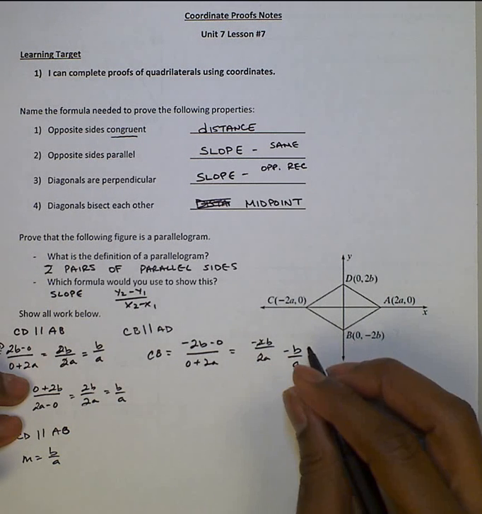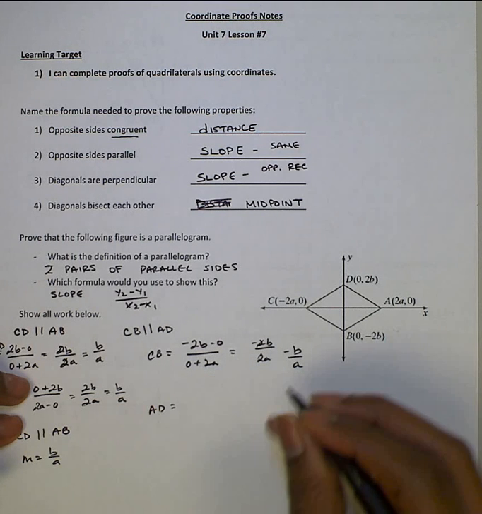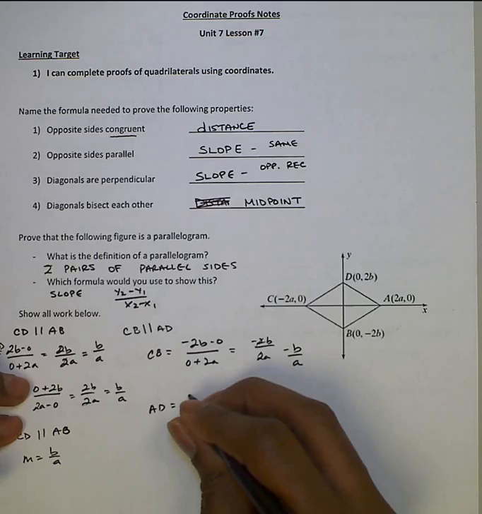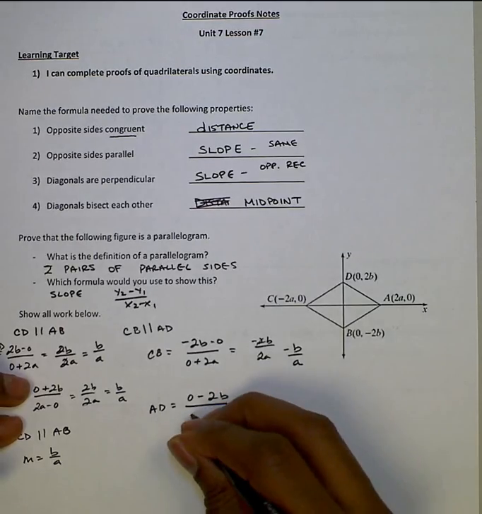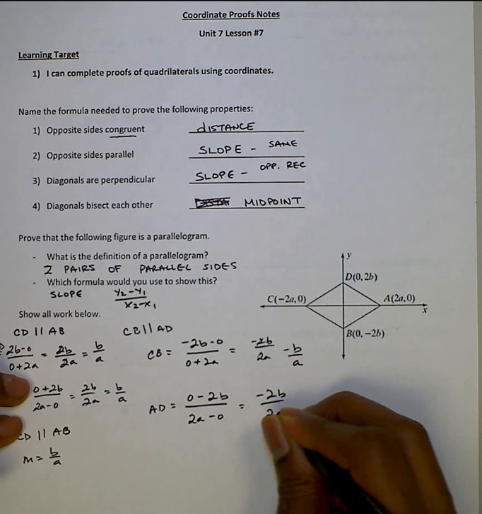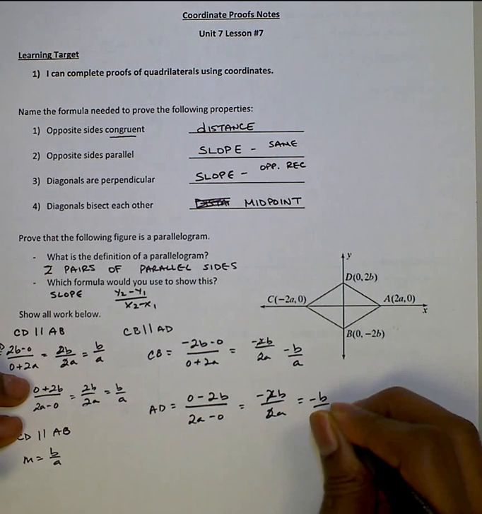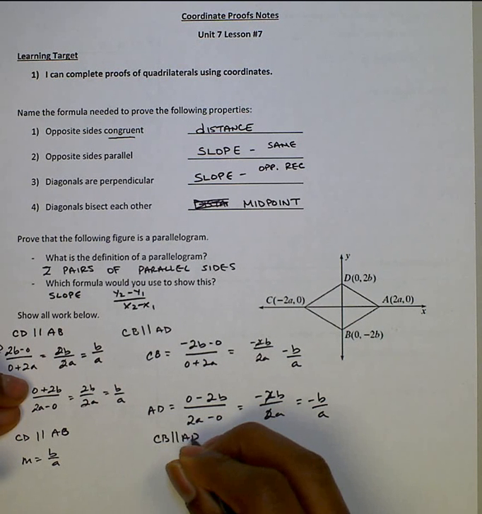And then I'll do the same thing with AD, and I'll get 0 minus 2b over 2a minus 0, which is negative 2b over 2a. Simplify that, I get negative b over a. So now I can see that CB is parallel to AD because they both have the same slope of negative b over a.